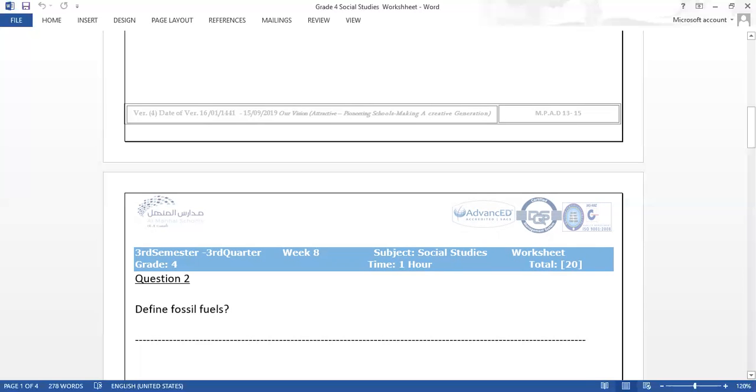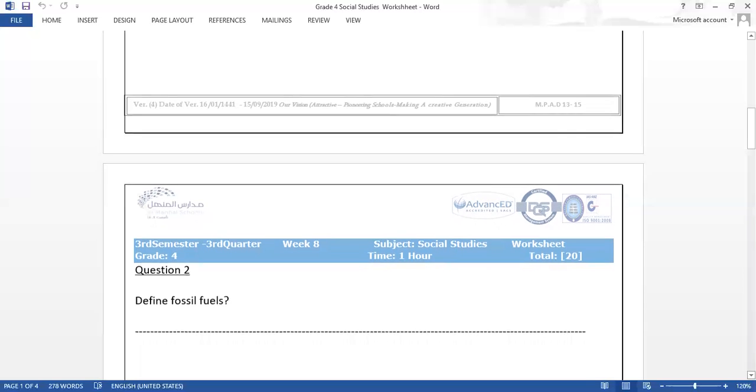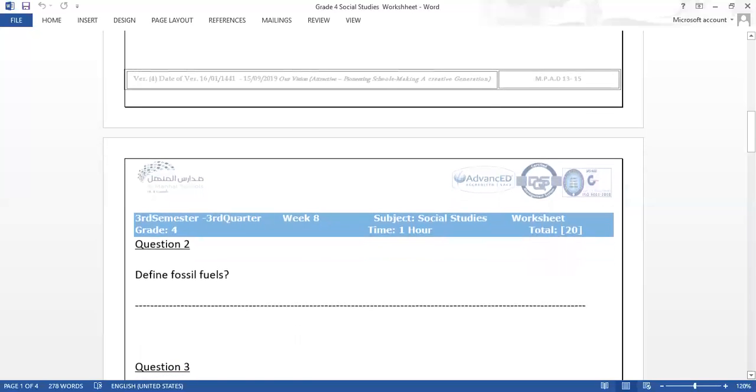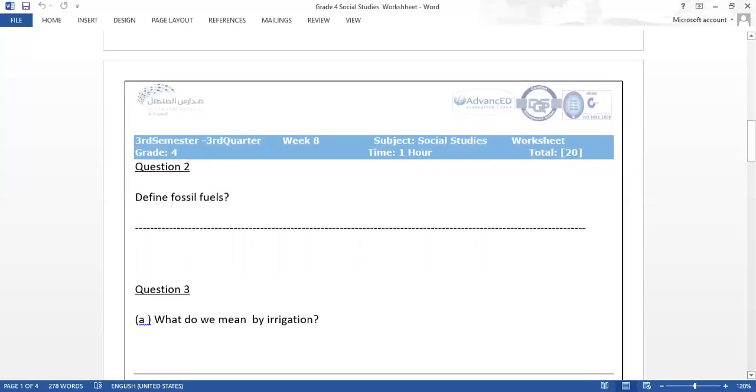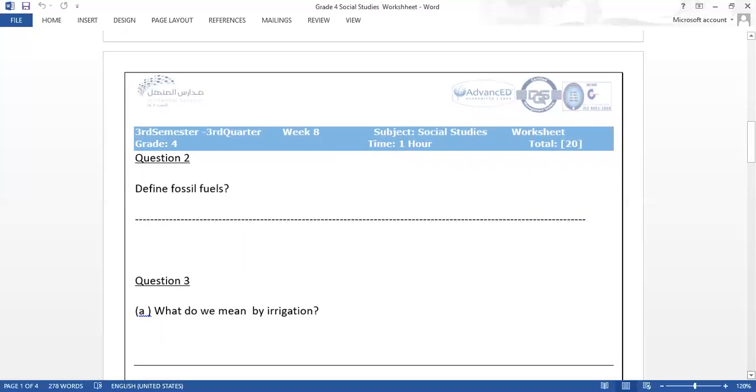That's question 2. Question 3, they are asking what do we mean by irrigation? Irrigation is the watering of plants, trees, or crops on farms or anywhere at certain times.